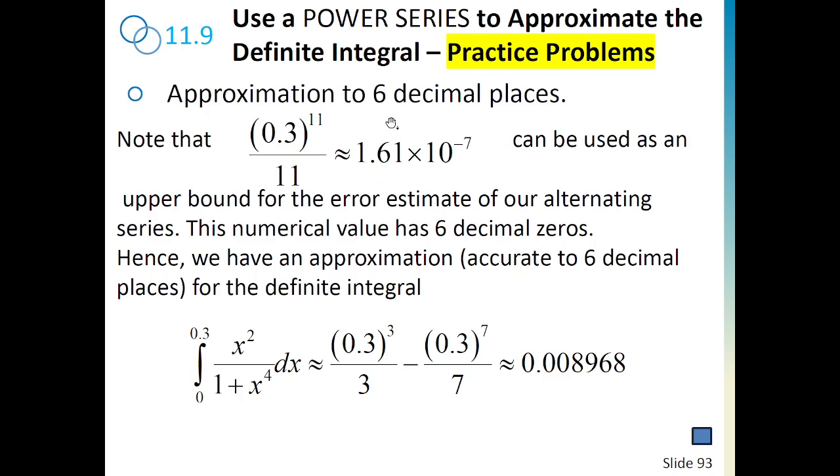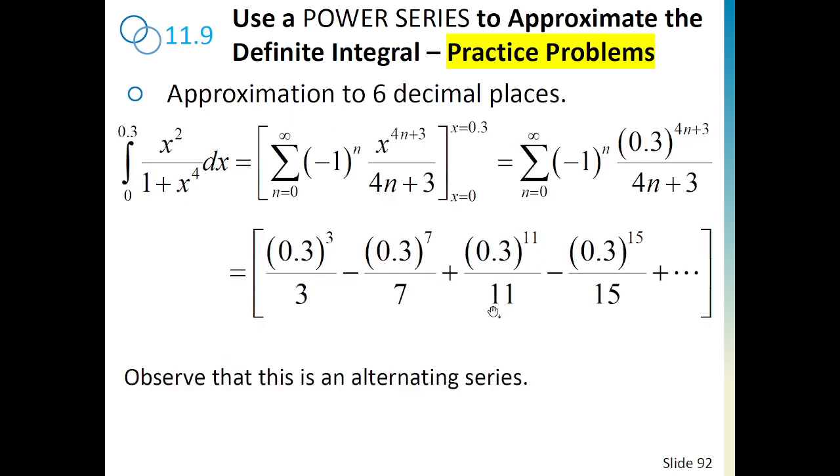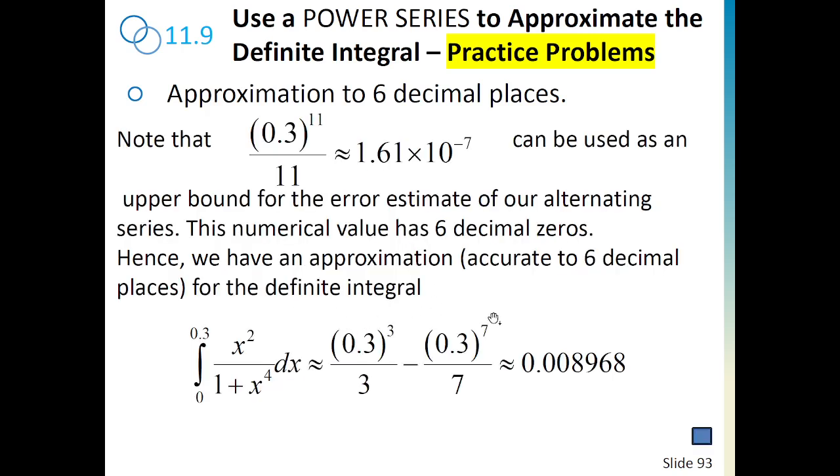So since my error needs to be smaller than a term with 6 zeros, this is my estimate for the error, and the estimate for the sum is everything in front. So I use these two expressions to find the approximation for the integral, and I know that this is correct for 6 decimal places because the next term here has 6 zeros.